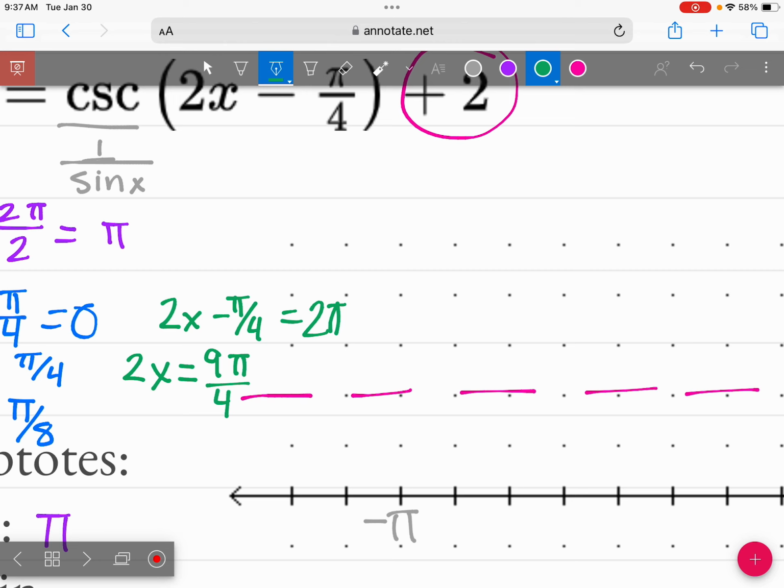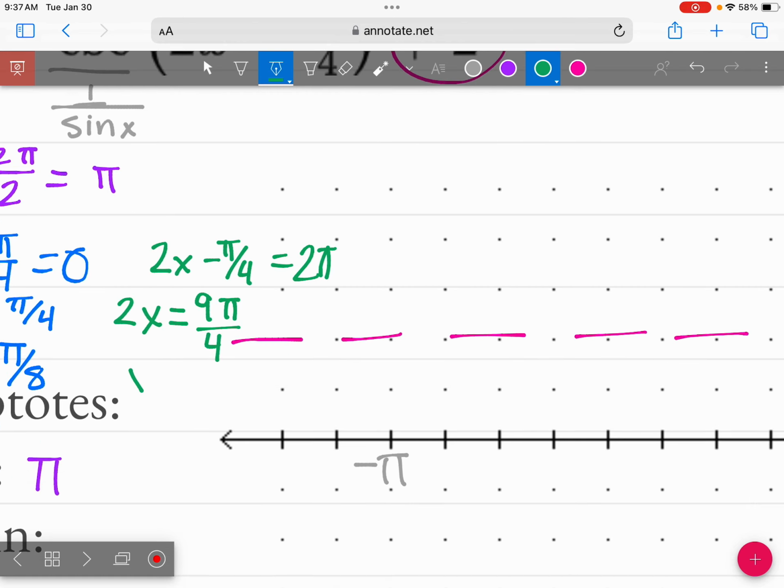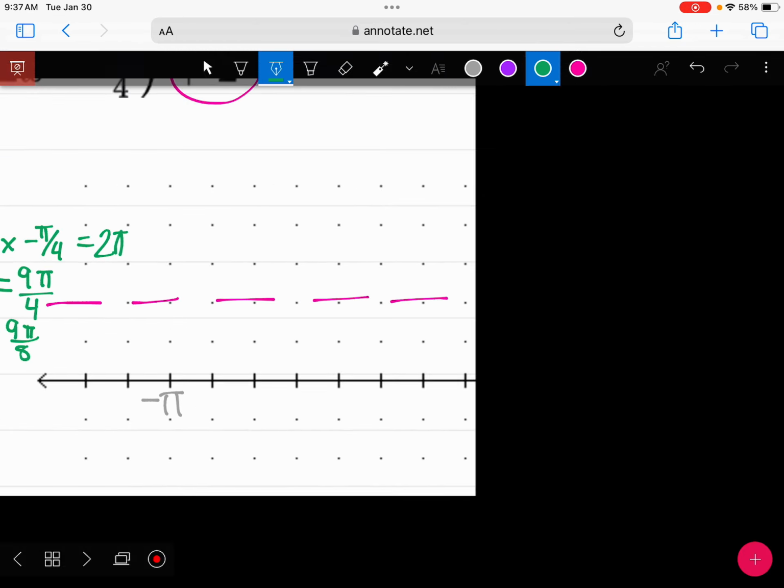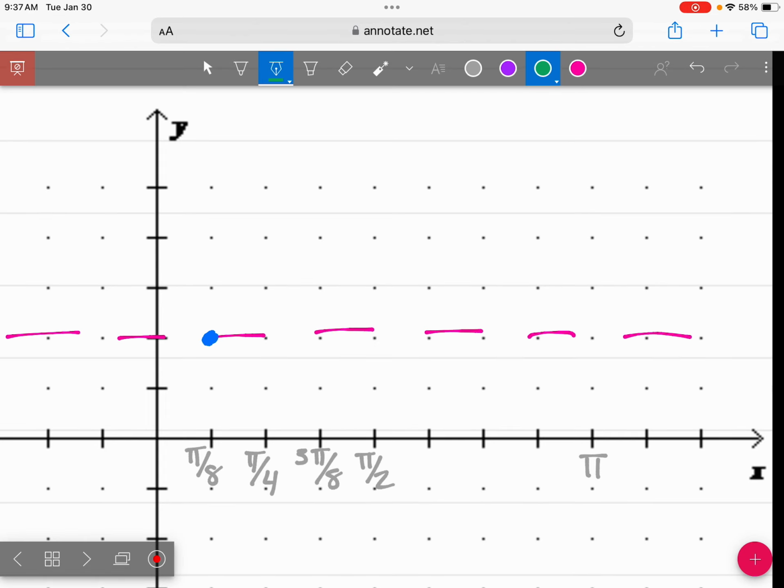Ugh. So our right endpoint happens at where? 9 pi over 8. So just past 1 pi. So our right endpoint happens just past 1 pi.